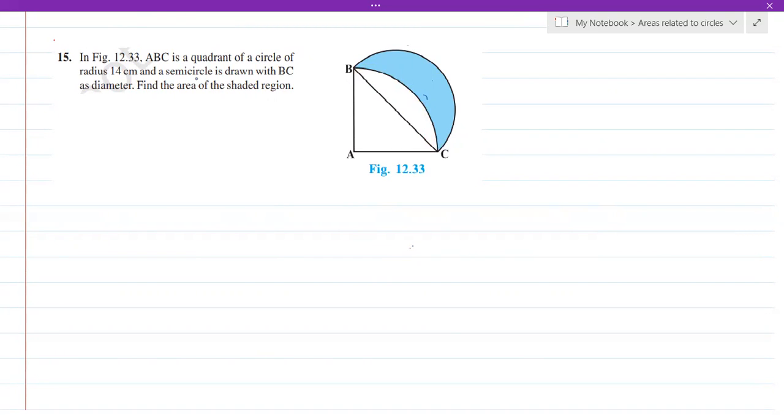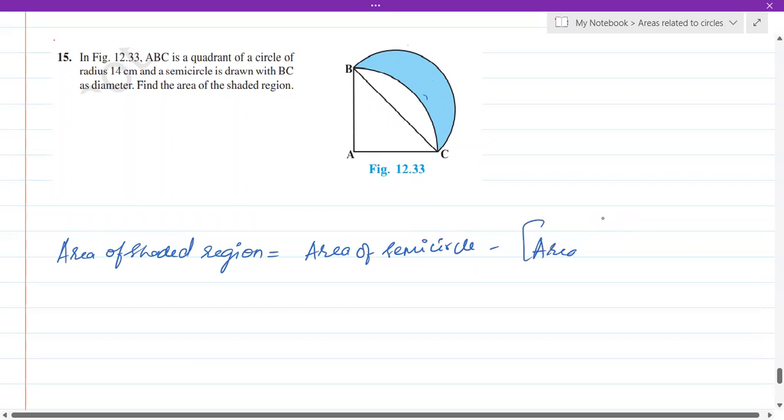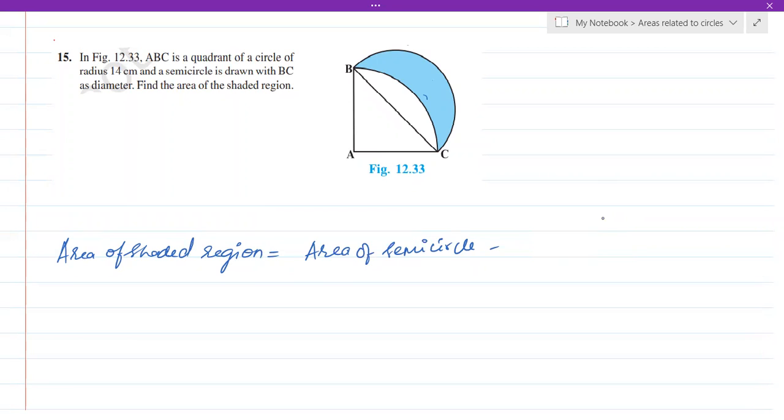So therefore, the final formula will become: area of shaded region is area of semicircle minus, in brackets, area of quadrant minus area of triangle ABC.